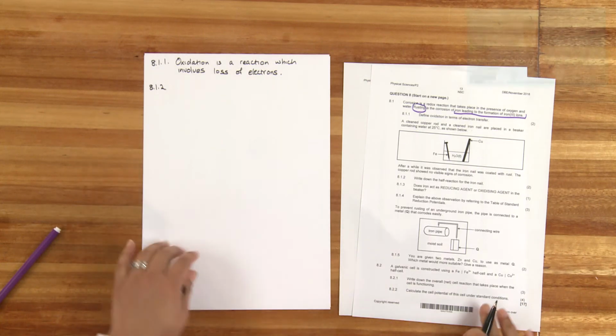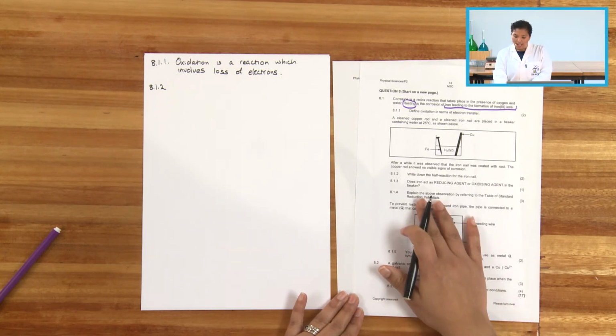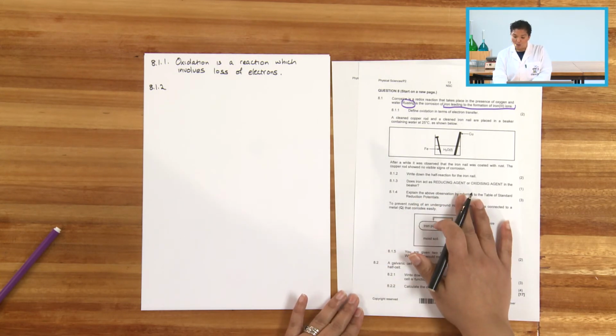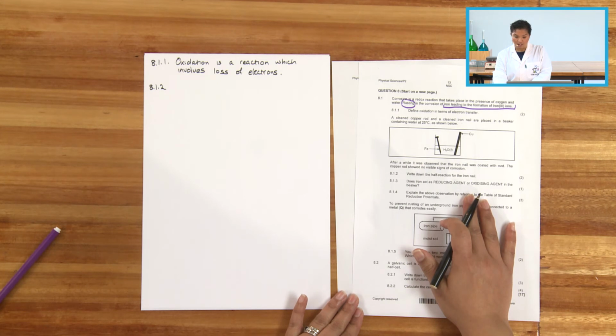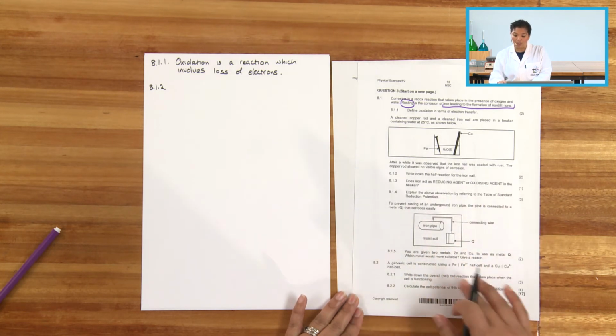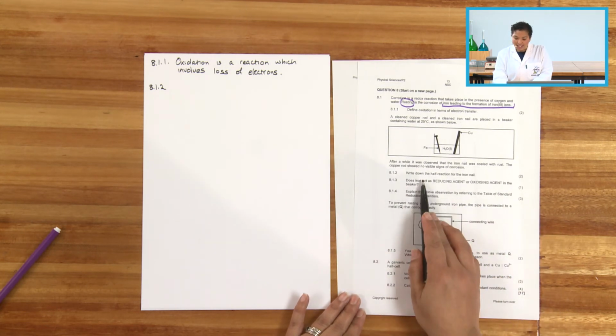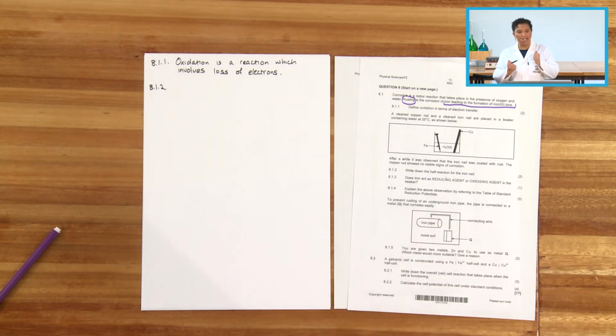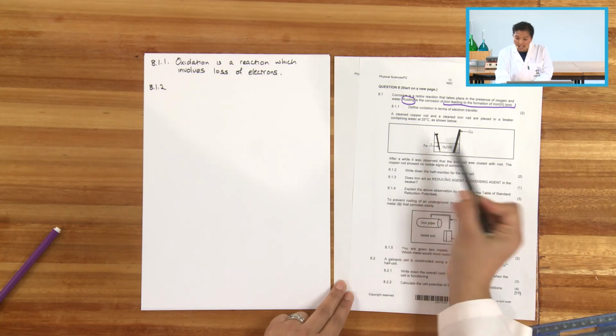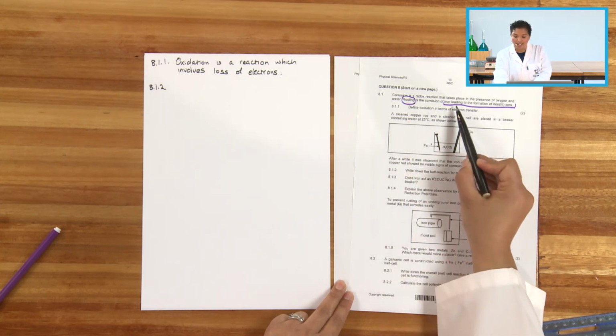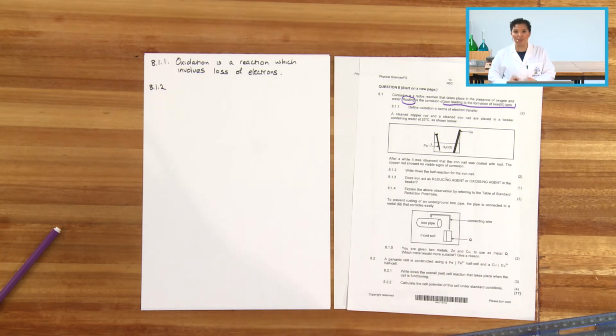8.1.2. Does iron act as a reducing agent or as an oxidizing agent? Oh, we're looking at 8.1.2. Write down the half reaction for the iron nail. Now I get excited because when I look at the iron nail, there it is, and I know that rusting is the iron forming iron 3 plus ions.